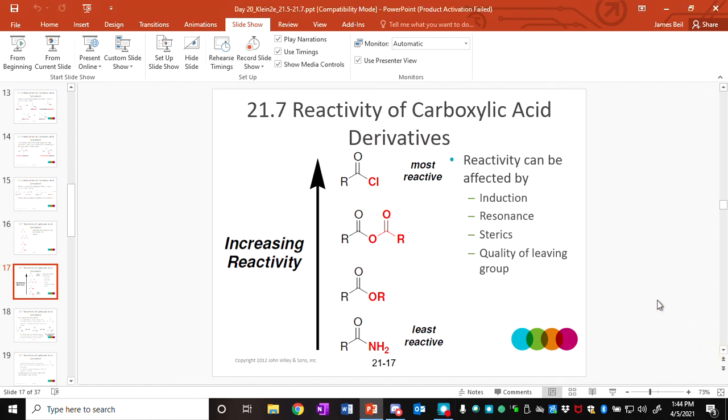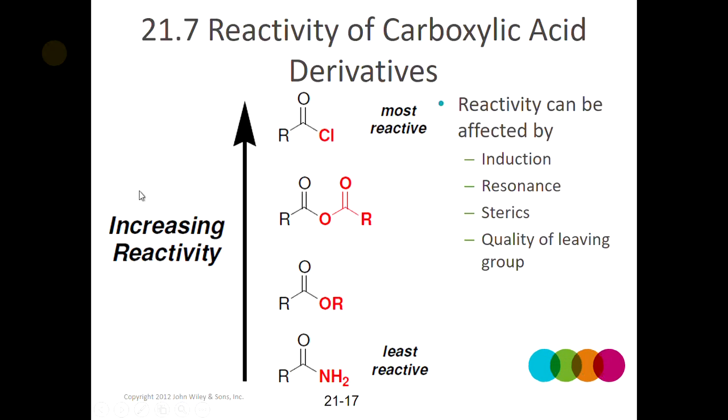So what we're saying is, from a kinetic perspective, these three factors are important, and they all explain why the acid halide reacts kinetically much more often than the other three. The quality of the leaving group is more of a thermodynamic consideration.